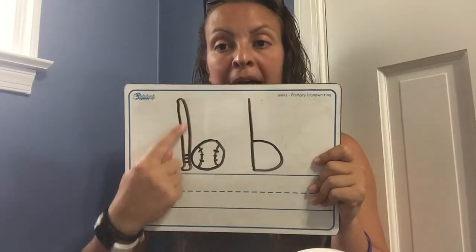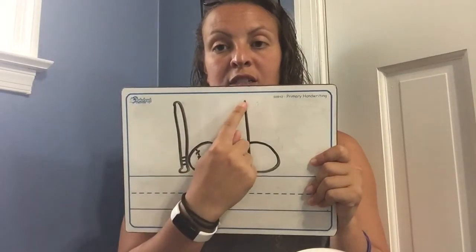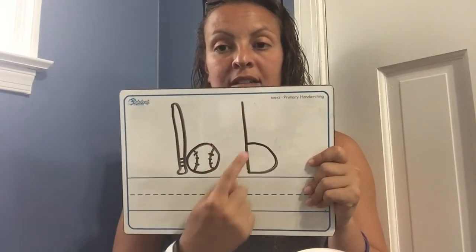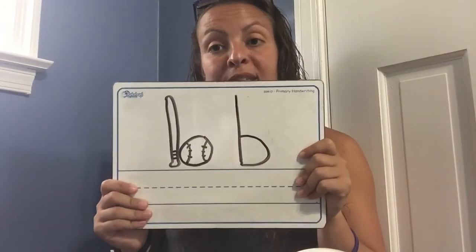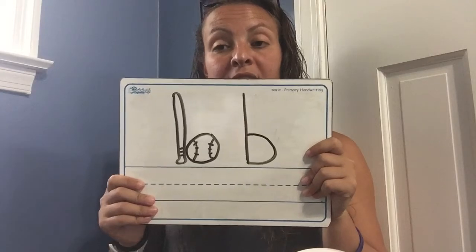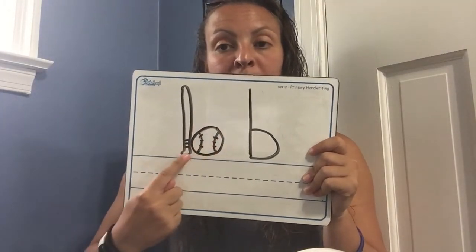So you make the bat first and then the ball. That looks just like a lowercase b. Bat, ball. So baseball begins with B, and we can remember bat, straight line, ball is the bump.